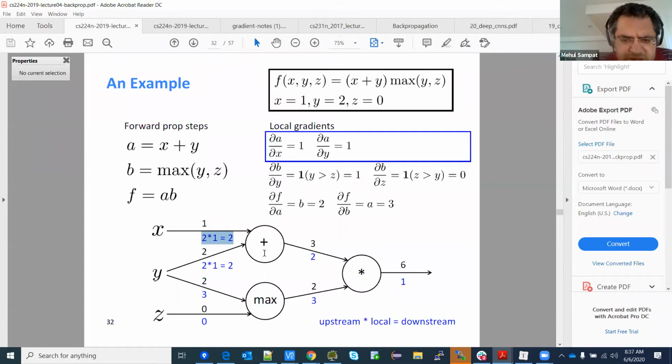Sorry, I didn't fully understand your question, but here the local gradients were. Say, for example, a is x plus y. If we take del a del x, that is going to be a local gradient.